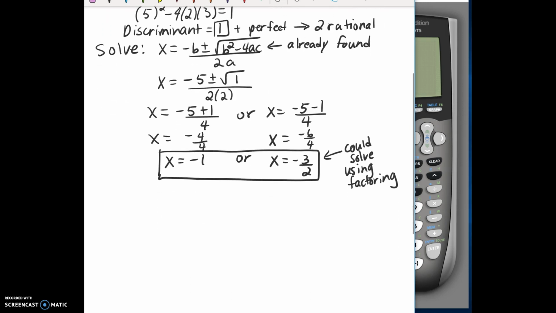Okay, so our second equation, I'm going to do a few things for this one first. First, get this equal to 0, so I'll subtract the 4x and the 6. I'm going to find my discriminant.